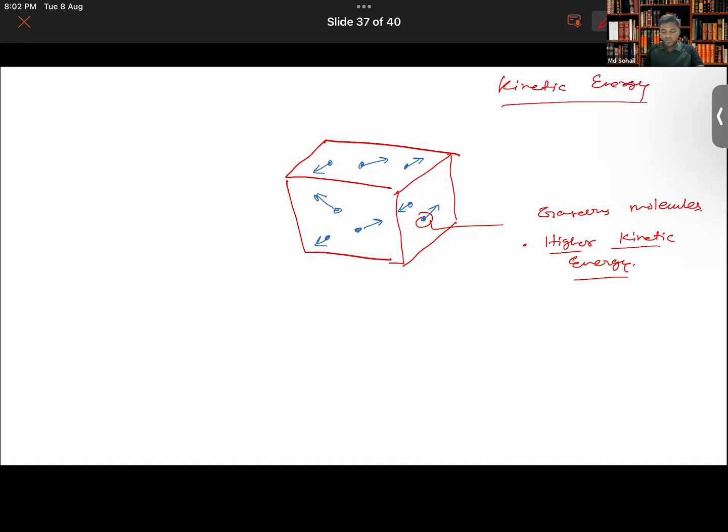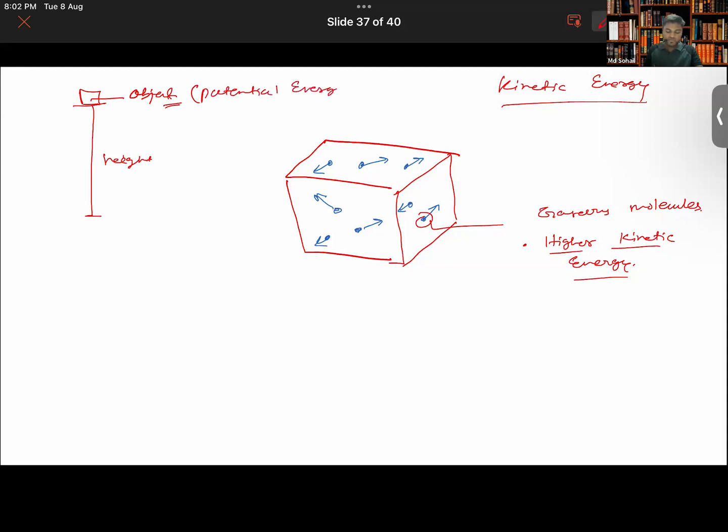And let's say if I am sitting here, my body is having a potential energy. Or if an object is placed at a height, this object here is having a potential energy, right?